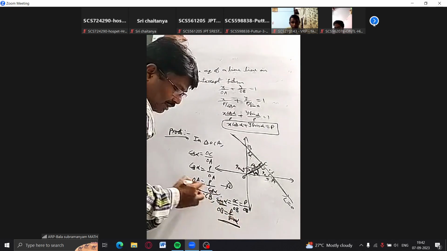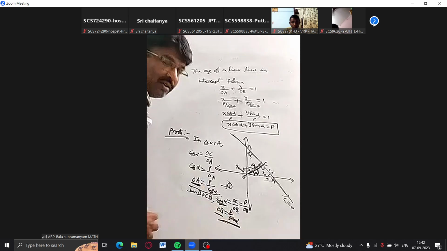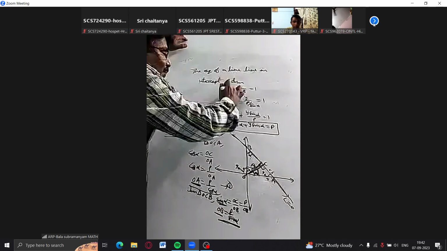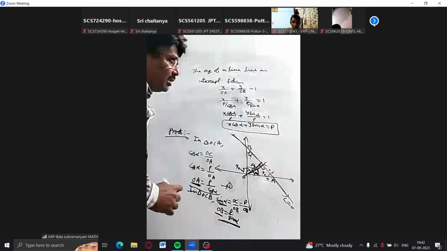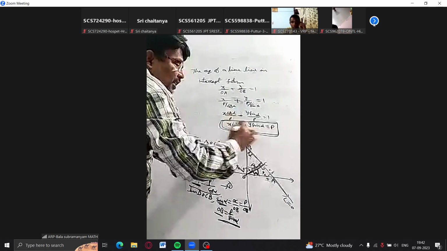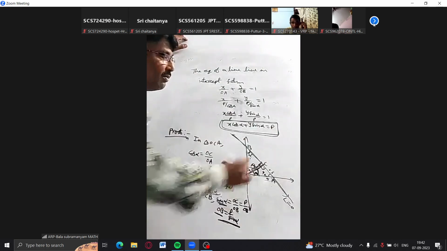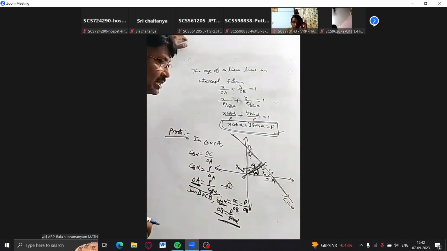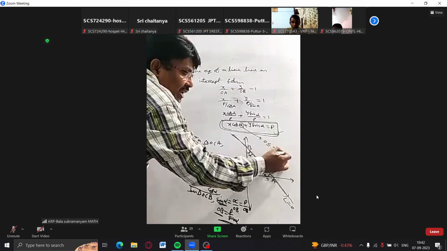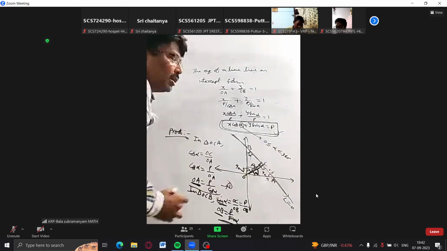OA is the length of the x-intercept. OB is the length of the y-intercept. We know that the intercept form is x by a plus y by b is equal to 1. After simplification, we got the equation x cos alpha plus y sin alpha is equal to p, which is called the normal form of a straight line. Here alpha satisfies 0 less than or equal to alpha less than 360 degrees.